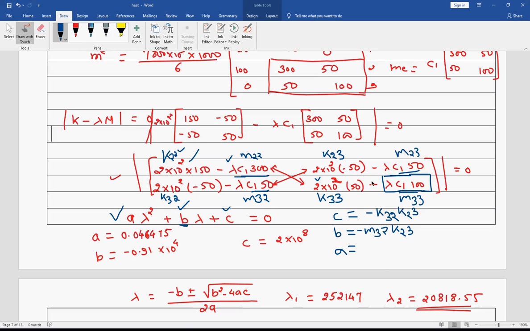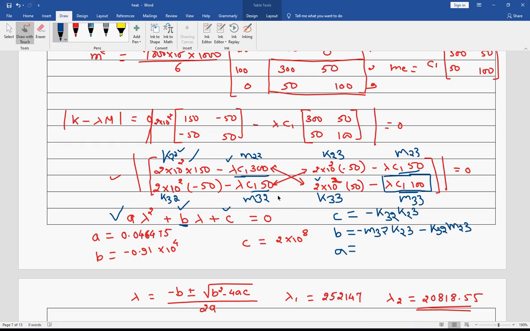Now next will be K32 into M23, that will also go for the lambda, and that will also contribute to the subtraction. Minus K32 M23.